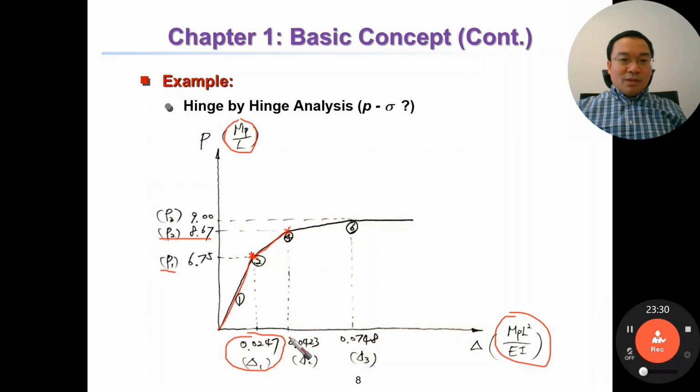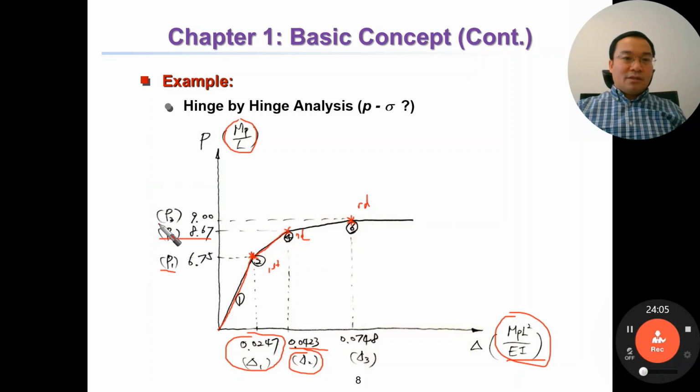And the corresponding deflection delta 2 equal to 0.0423 multiplied by this one. And this point corresponds to the third hinge. So it is the first hinge, it is the second hinge, and it is the third hinge.